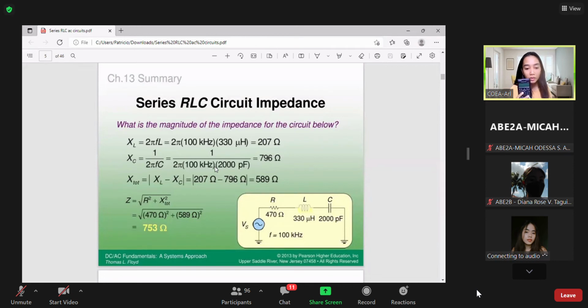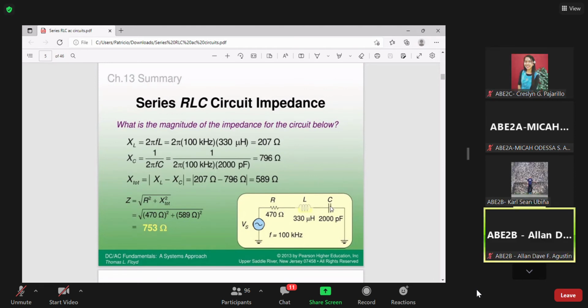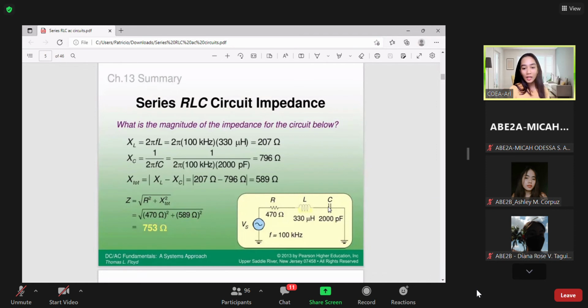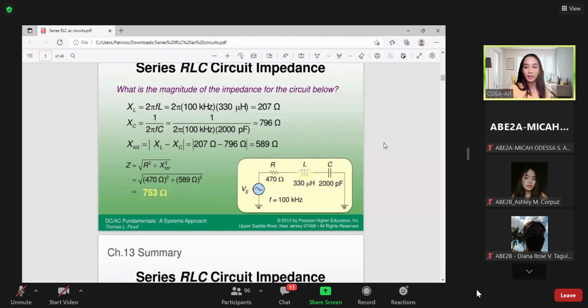Pero ang magdi-display pa rin sa monitor or the screen is the sign of the two absolute signs. Okay na? Okay na po, ma'am. Okay, so, sabi ko nga kanina, kung gusto niyo i-counter check, kung malami pa yung times niya later on, you can do the arctan for checking.